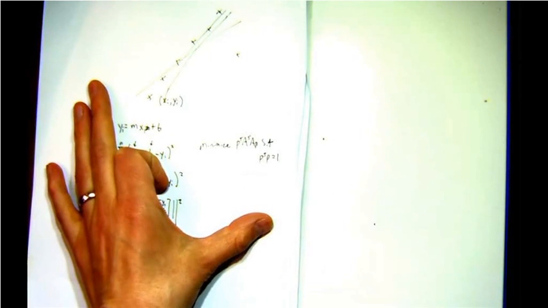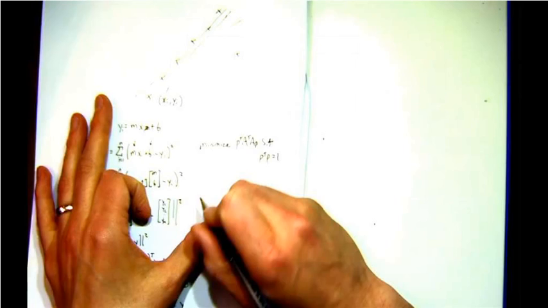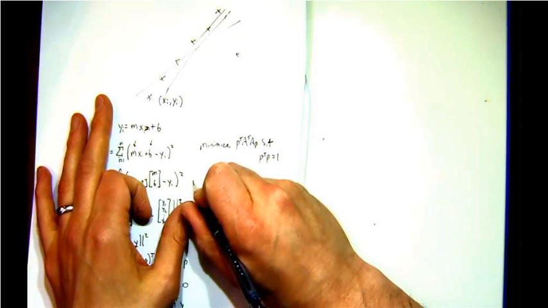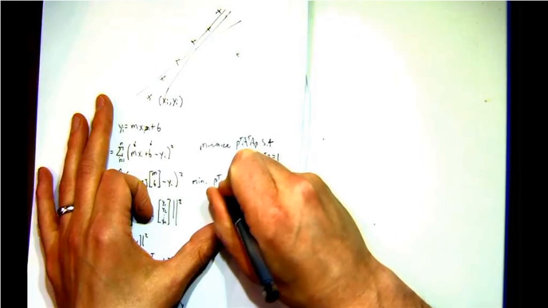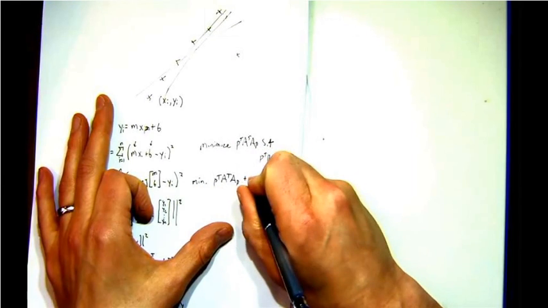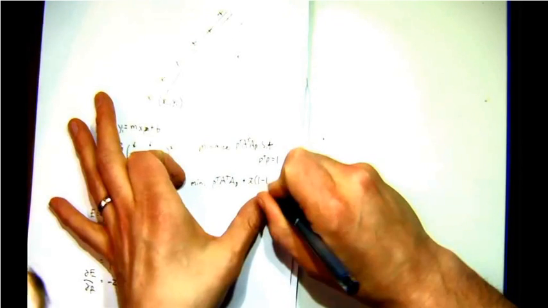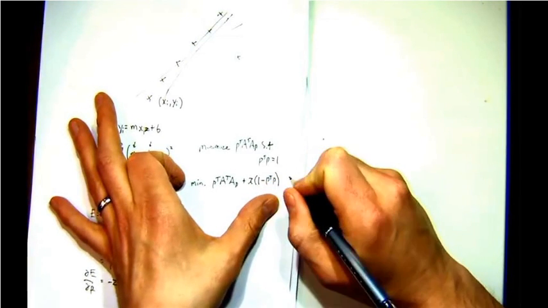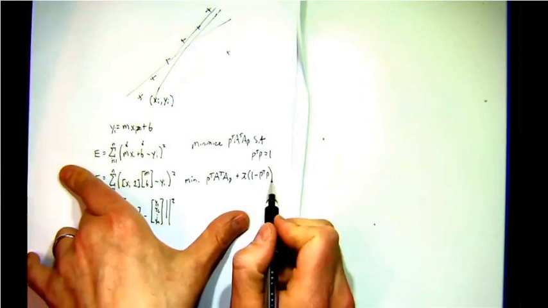So I can write that as minimize p transpose A p plus lambda times 1 minus p transpose p. Now I can do that because I've said that p transpose p equals 1, so this is just 0 for any lambda.